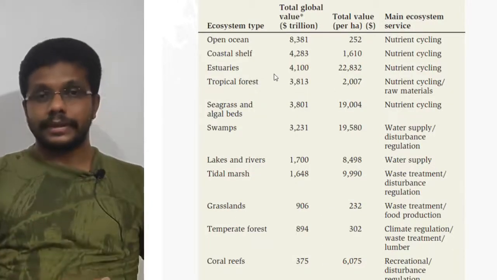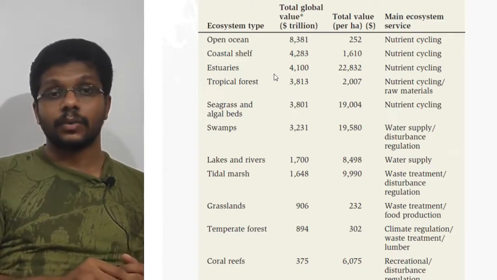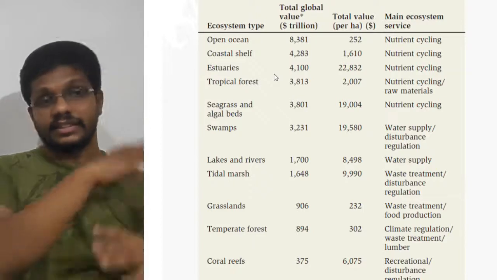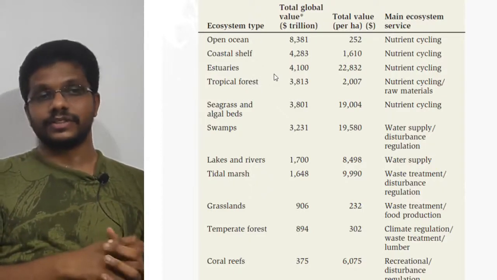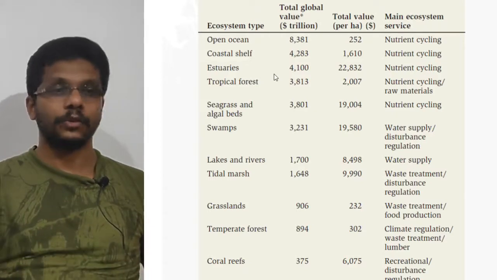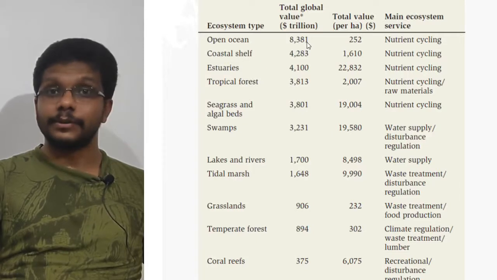These are the calculations made on different ecosystem services. What are the monetary values? They just calculated how much value each of these ecosystems has, just like the open ocean. It's worth about 8,381 trillion US dollars.